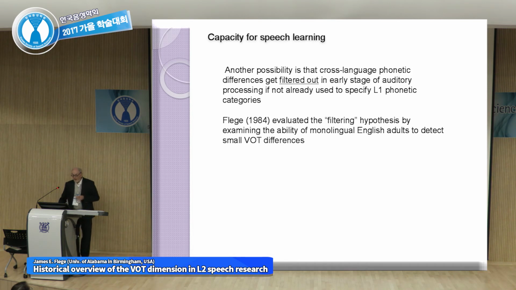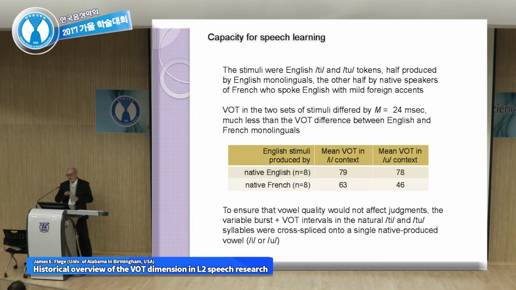Another possibility is that cross-language phonetic differences get filtered out in early stages of auditory processing if not already used to specify L1 phonetic categories. In '84, I evaluated this filtering hypothesis by examining the ability of monolingual English adults to detect small VOT differences.